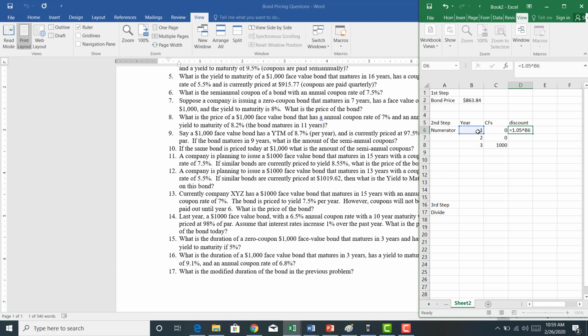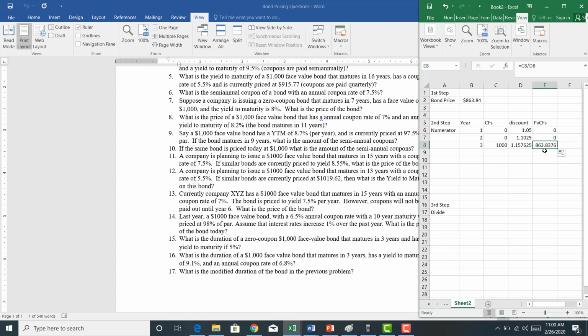I'm going to drag that down. This cell is going to be 1.05 raised to the power of 2. This cell is going to be 1.05 raised to the power of 3. Now I'm going to get the present value of these cash flows by dividing the cash flow in year 1 by the discount factor I just calculated. Of course, that's 0. Hopefully you can do that in your head.